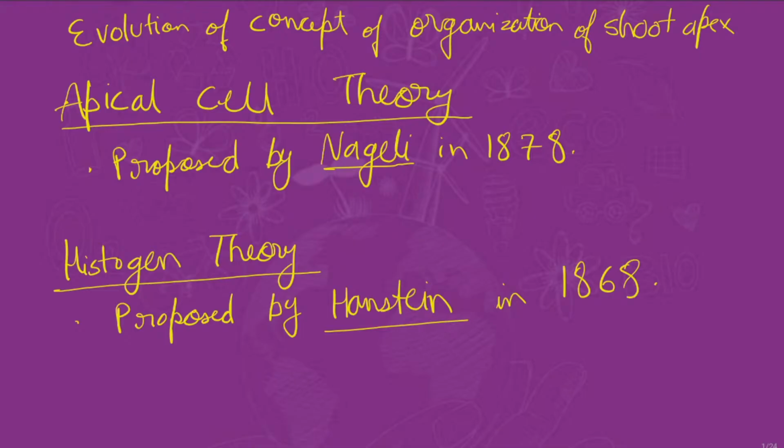According to this theory, three meristematic zones have been recognized in the shoot apex of the angiosperms. Each layer possesses a unique set of initials, and these layers are referred to as histogens. The outermost histogen is termed dermatogen.